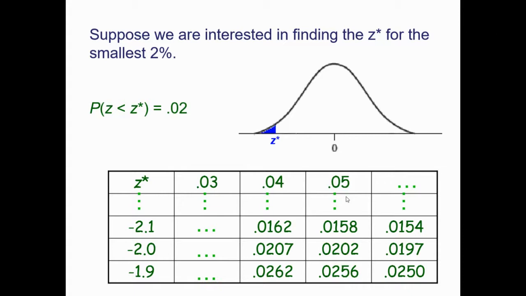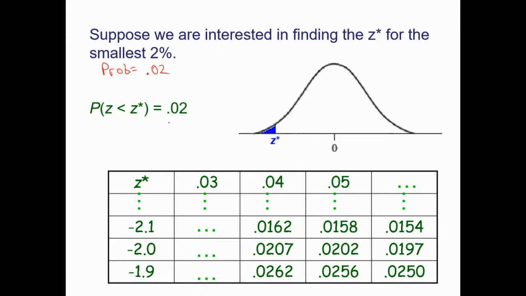Okay, so example 12. Suppose we're interested in finding the z value for the smallest 2%. The smallest 2% means we want the probability equal to 0.02.